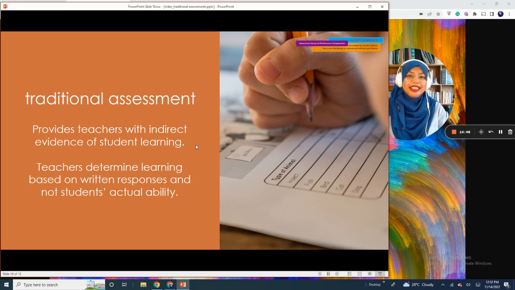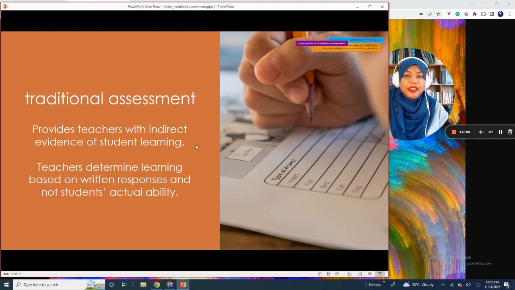Kenapakah? Rasa-rasanya kalau saya jawab, nanti saya bagi jawapan kepada soalan artikel review gitu. So it will be a very interesting point that we can discuss in class later. All right. Do read up on the advantages of traditional assessment.